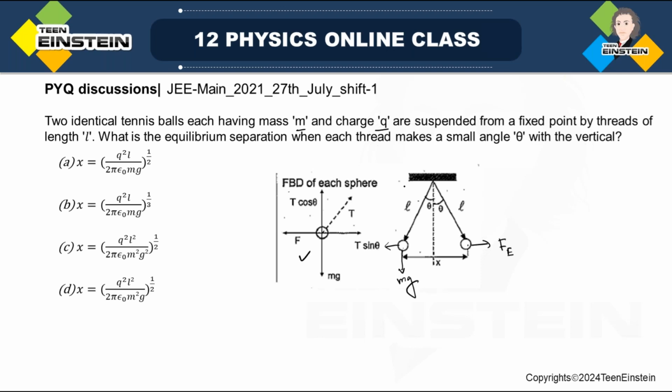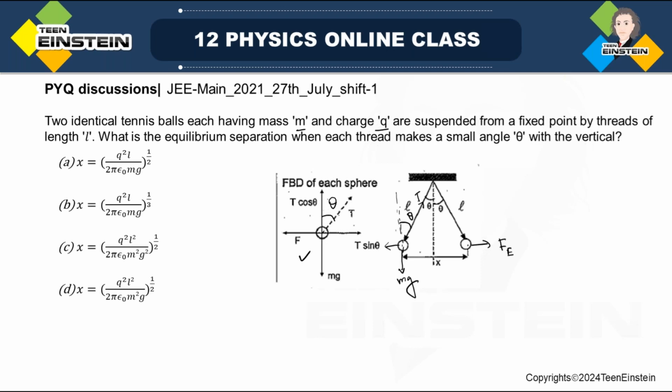I hope you are understanding. If you just draw a line over here, along this weight, this angle I can say is theta, right? And the tension will be acting along this way, T, towards the fixed point over here. So this is T, this angle is theta.